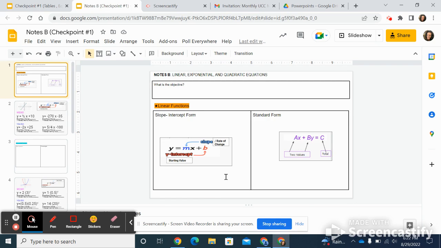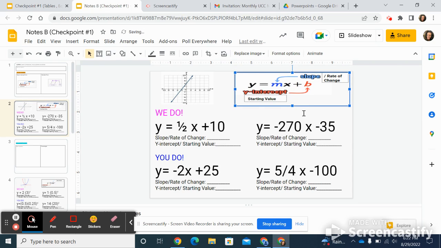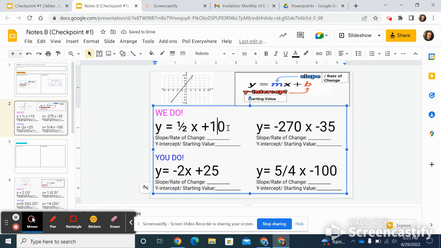Now let's look at them and actually use them. So slide 2. On slide 2, I'm giving you a bunch of different linear equations, and we're going to actually use this picture up here to help us understand what these equations are saying. So here we go. Here's our first linear equation, y equals 1/2 x plus 10.